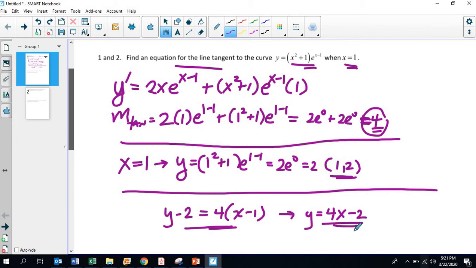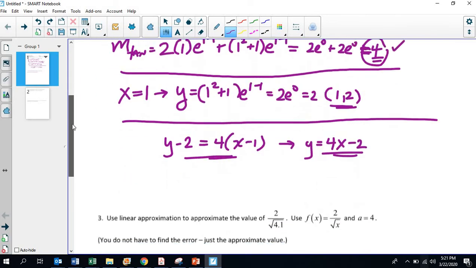And so the equation of the tangent line, I would have accepted either one of those. Basically, this is a 2-point problem. The first point would be given for finding the slope of 4, and the second point would be for everything else. Okay, so that is how you do problems 1 and 2, finding the equation of the line tangent to the given curve.